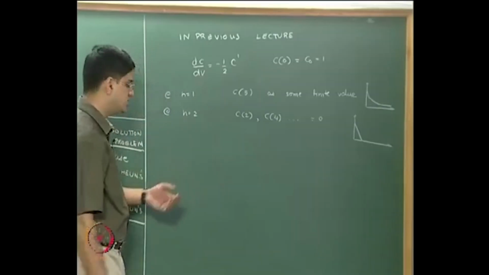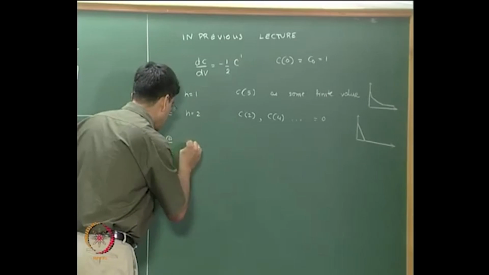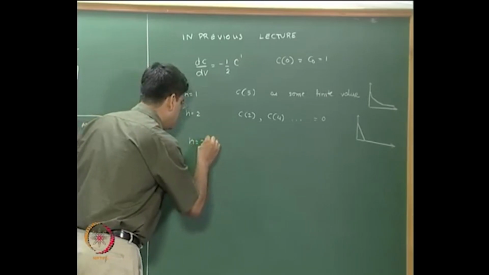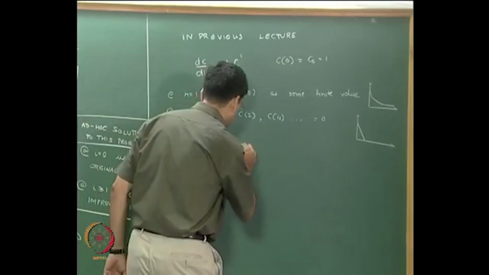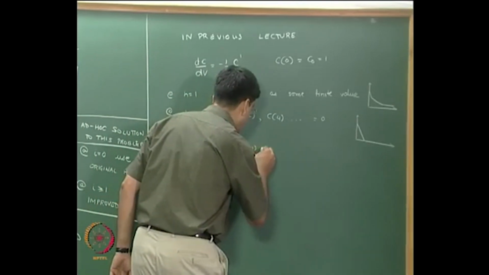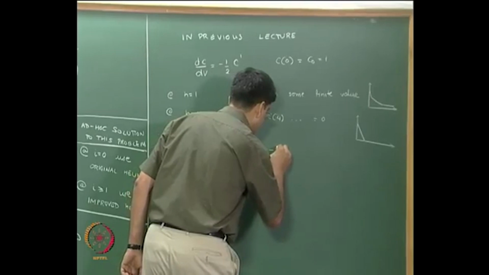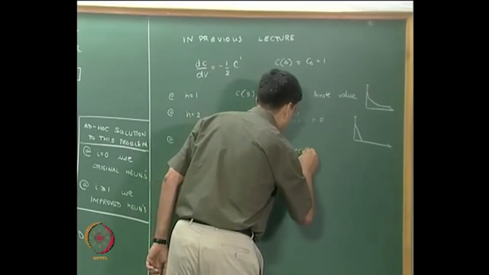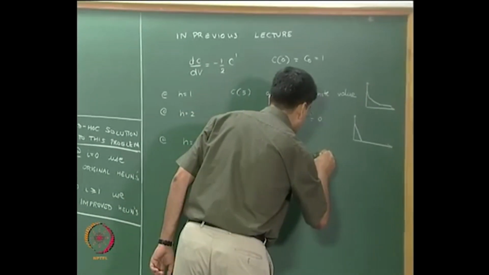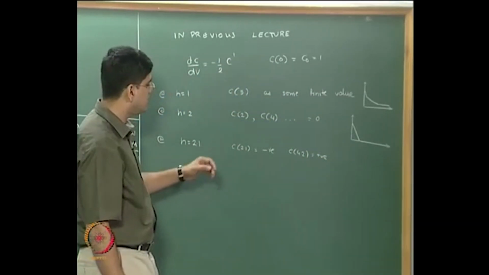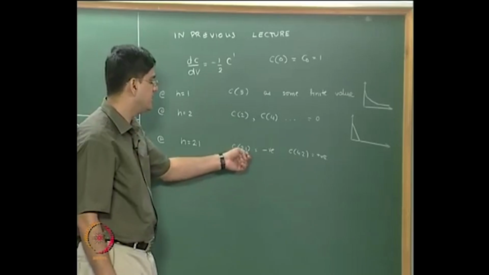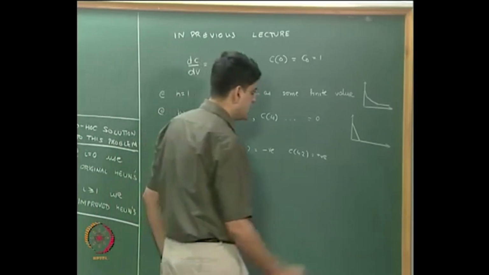Next we considered a higher h equal to 2.1. At h equal to 2.1, C at 2.1 was negative, C at 4.2 was positive, and so on and so forth. So we saw some amount of oscillations taking place in this particular system.